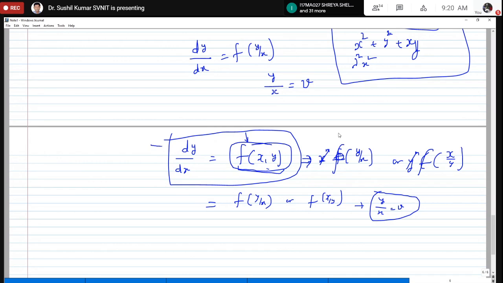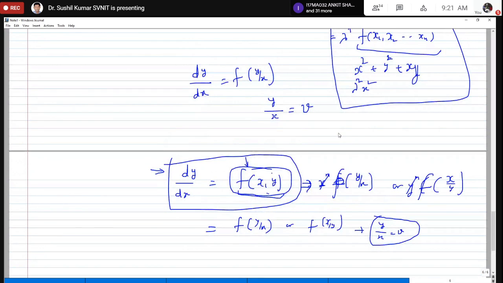There is no link between this form of the function and the homogeneous and non-homogeneous differential equation. Even this differential equation may be non-homogeneous, or it may be homogeneous also.